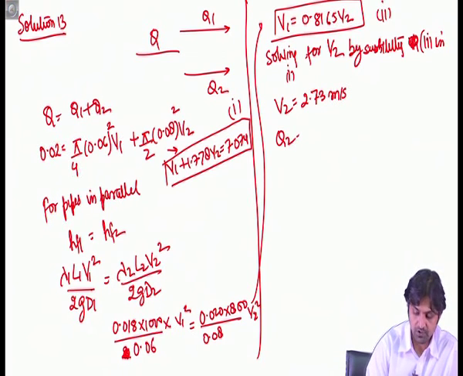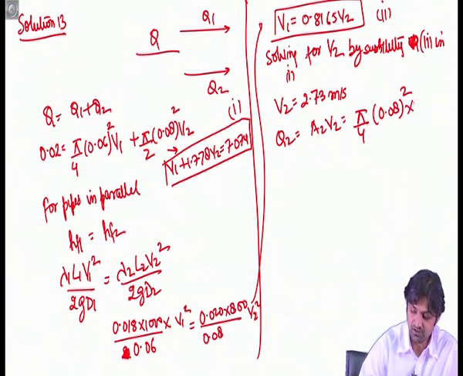So, Q2 will be A2 V2, pi by 4 into 0.08 whole square into 2.73. So, Q2 will come to be 0.0137 meter cube per second.